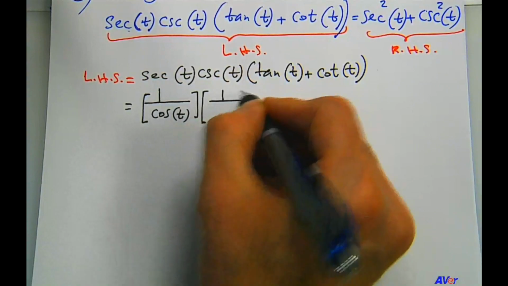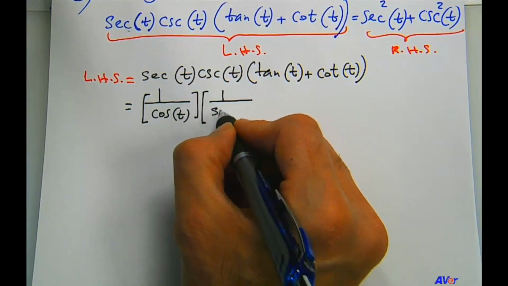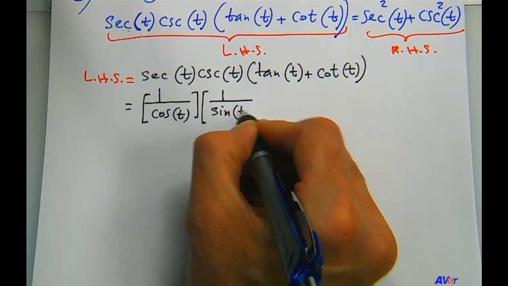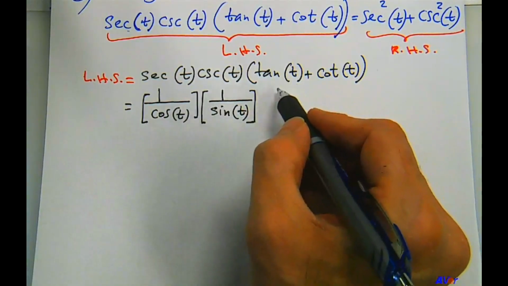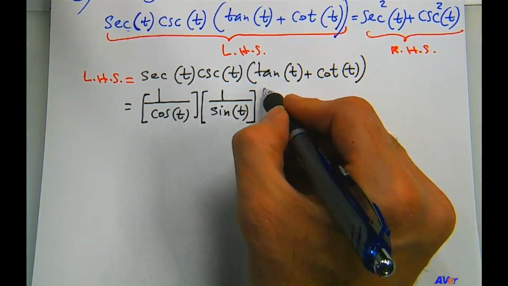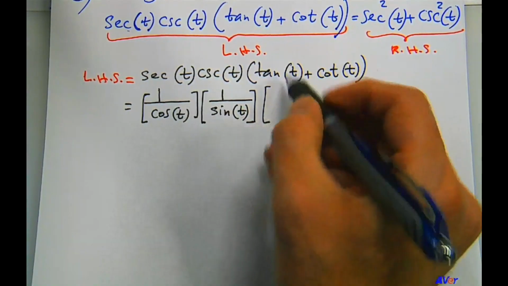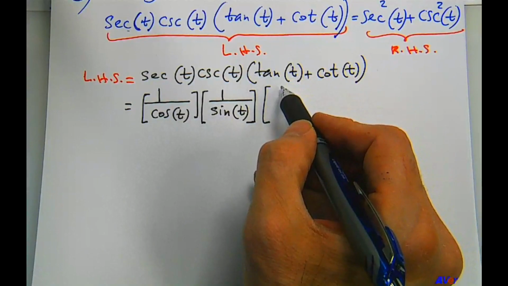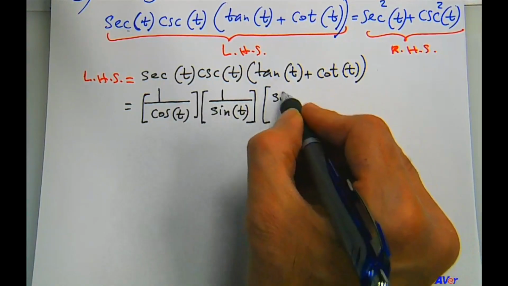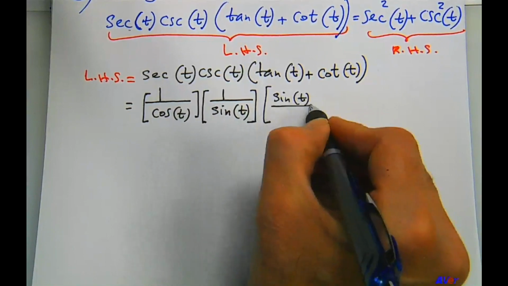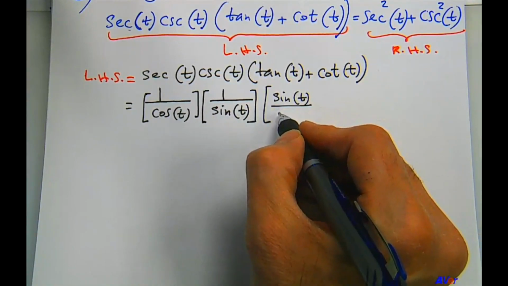And I'm hoping you've already done this on your own, and you're back to the video after you have your solution, like that, times tangent t. Now, tangent t is equal to sine of t over cosine of t, right? So let's break it down to its most basic trigonometric function components.